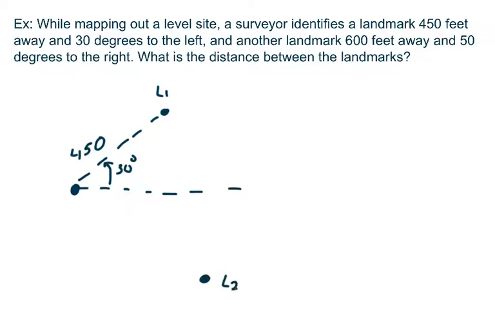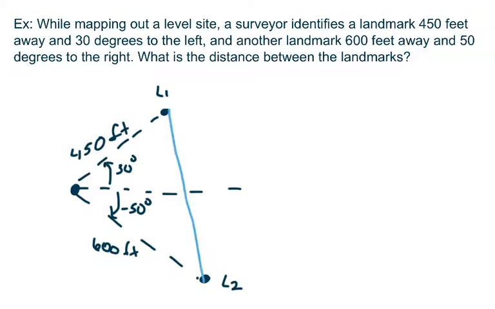This is landmark 2, and we are 600 feet away. These are both in feet. And we make an angle that is 50 degrees to the right. Now normally if we go counterclockwise, that's negative, so we'll just keep that in mind, negative 50 degrees. And the question is, what is this length? What is the length I just drew in blue?